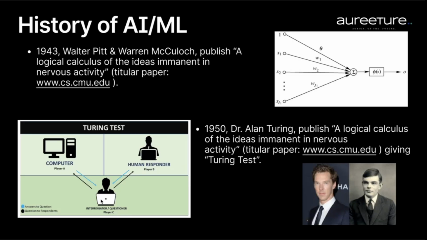This diagram is a small representation of it, but if I break it down, it means that on one side you have a computer, and on the other side you have an actual human, and there will be a tester who will be an actual human again, right? You can call it interrogator, questioner, whatever. Now they'll talk with both or do whatever activity with both, and they'll have to differentiate which one is a robot and which one is a human.